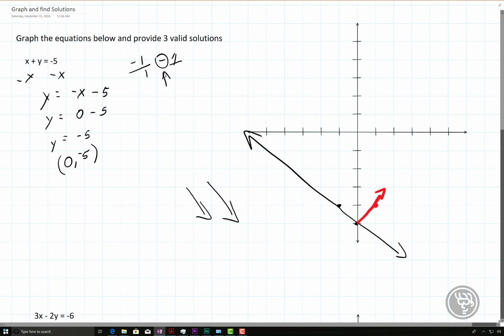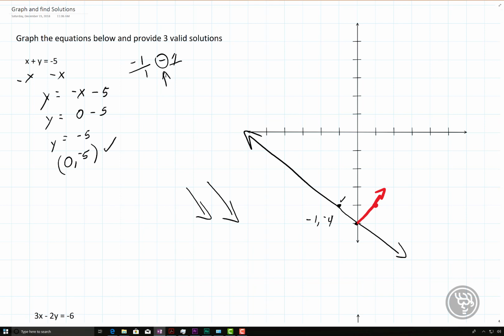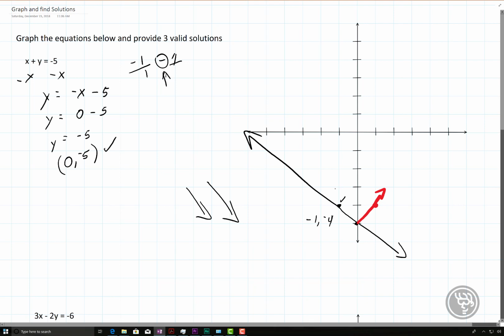So we have one point here. One point is this one. Now we can get another point. This other point we have here is basically -1 and -4. And we can do yet another one here and over here.